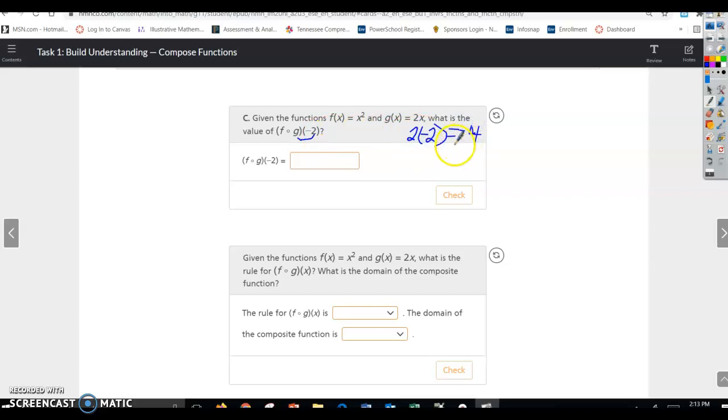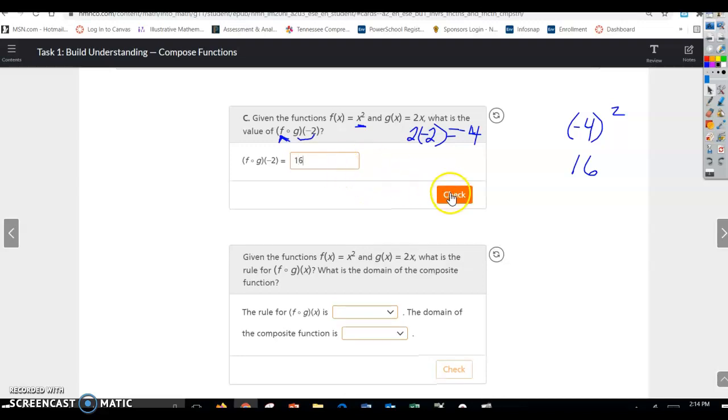That is your output for g of x. We take the output and plug it into the next function, so the output now goes into f of x. What does f of x tell us to do? It tells us to square it. So you've got -4 squared, which is 16. So f of g of -2 is just 16.